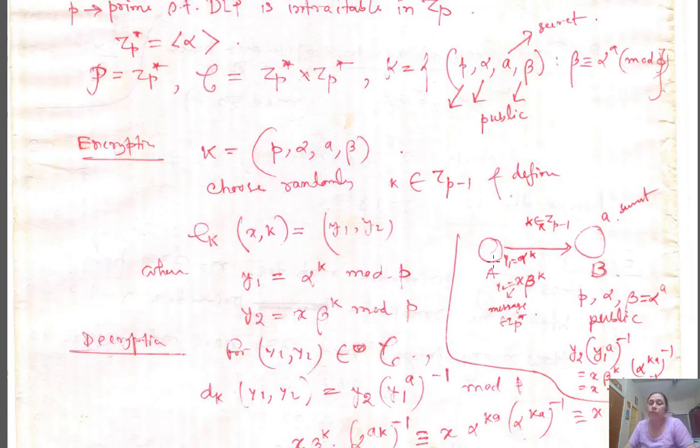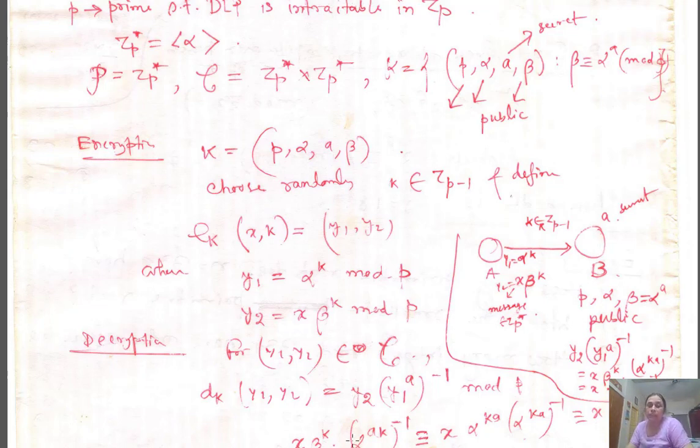So Alice will use Bob's public key for the encryption. Bob has his secret key a, and his public key is p, alpha, beta. These are all publicly available. Beta is alpha to the power a. Beta, alpha, and p are known, but a is not known. a is kept secret by Bob.